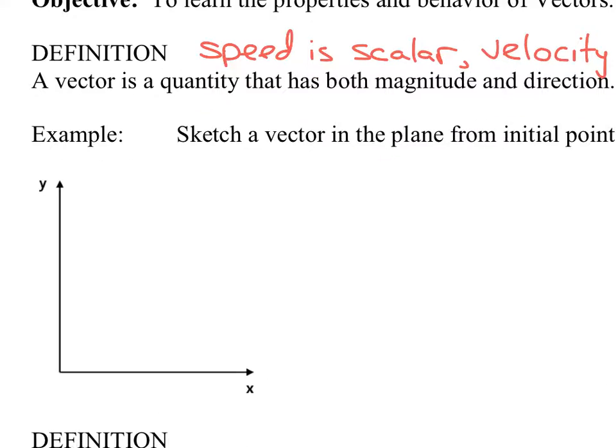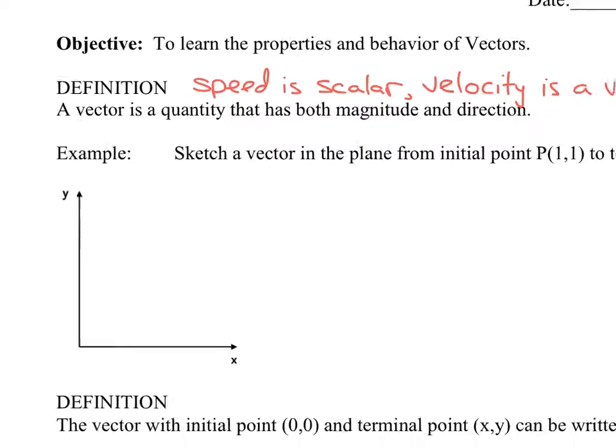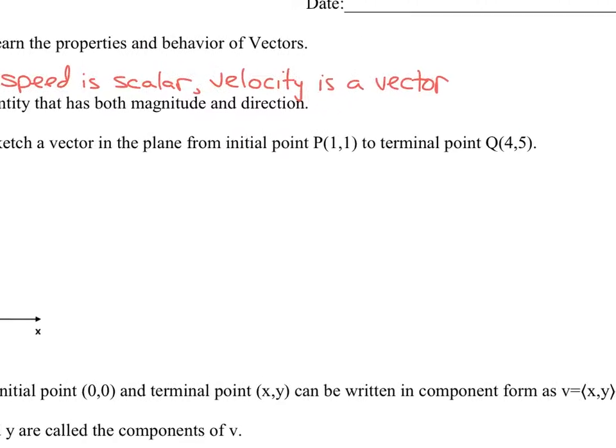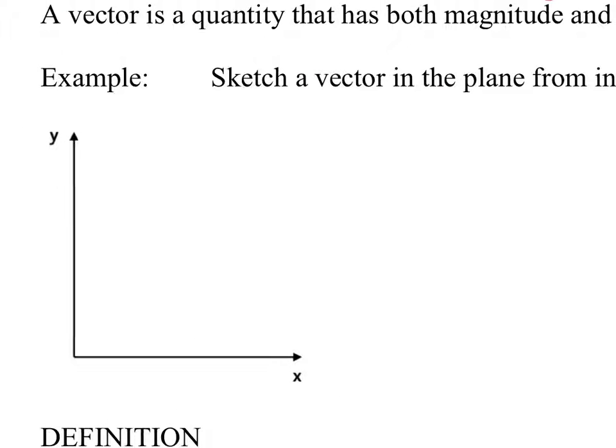But we start with something pretty basic. Sketching a vector from point P (1, 1) to the terminal point Q (4, 5).